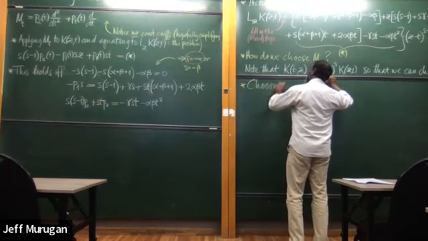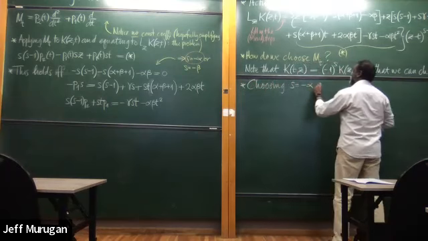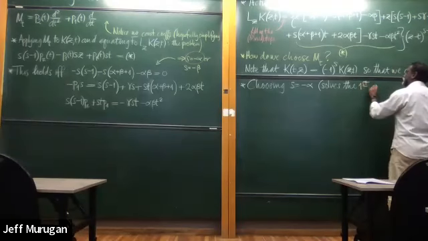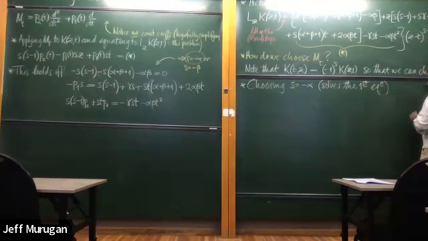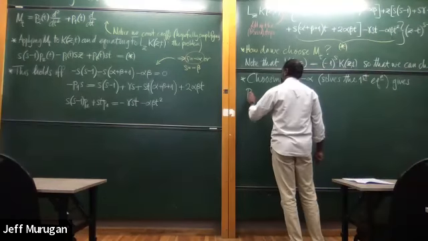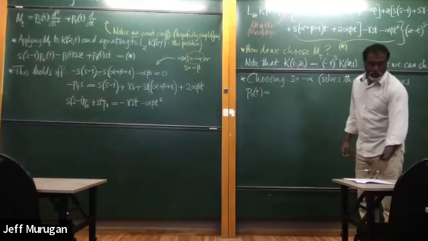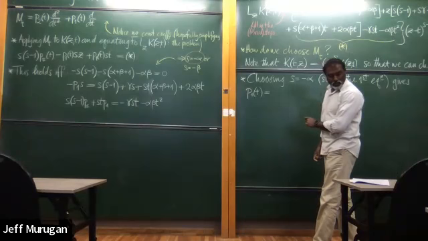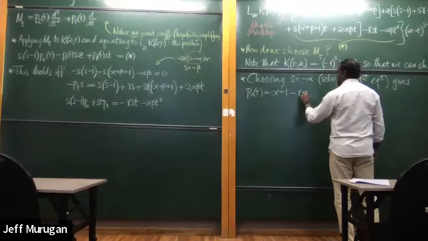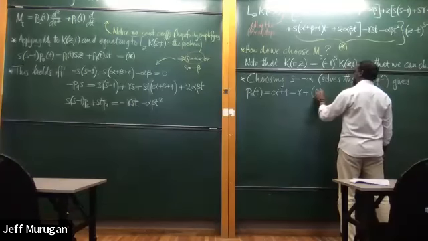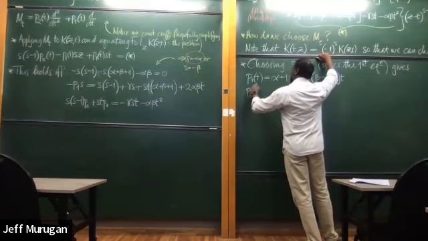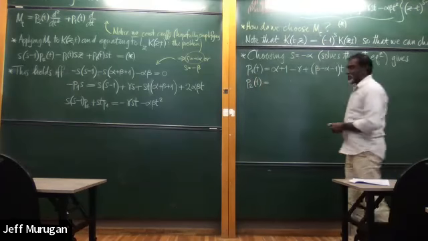Choosing s equals minus alpha solves the first equation, and gives t1 equal to alpha plus 1 minus gamma, plus beta minus alpha minus 1 times t, and t2 of t equal to t times 1 minus t.